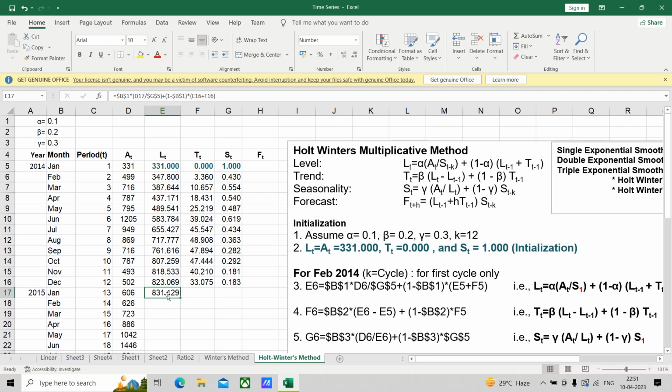Now this formula will be copied into this cell, and in this cell the value of G5 automatically increases to G6 for the 14th period.